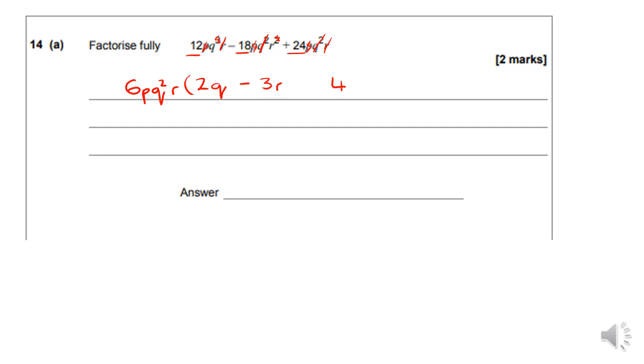And at the end here, because I've got p q squared r on the outside, that just becomes plus 4. You could always double check this by expanding back out, but I'm pretty happy with it: 6pq²r times (2q minus 3r plus 4). All done. Lovely.